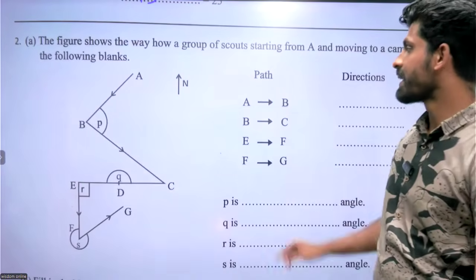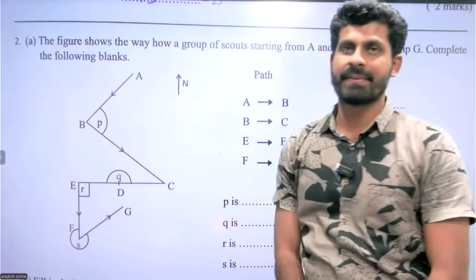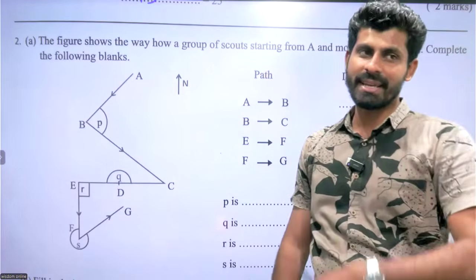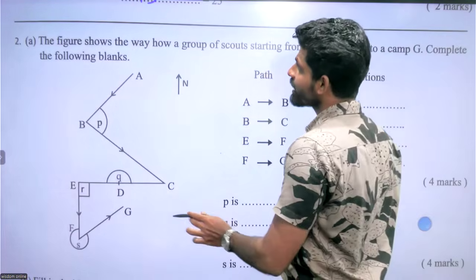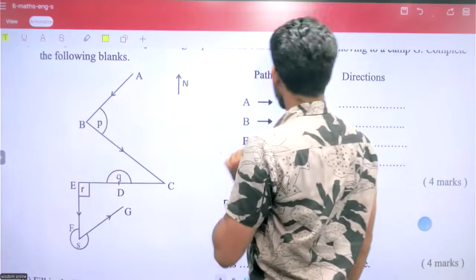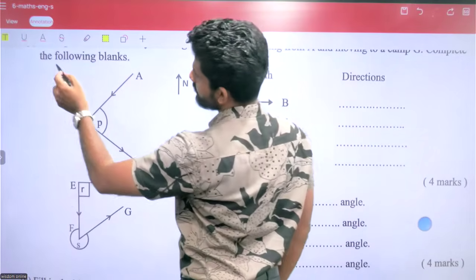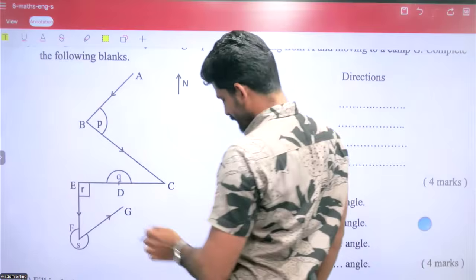Now the question. A to B. Better to mark what are the main directions. Then you can easily do that one. Just quickly mark what are the main directions.